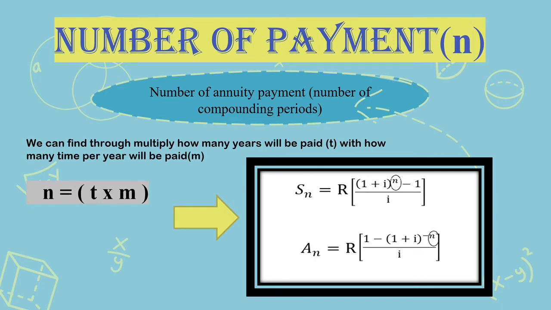The interest period is just the same as M. M is how many times per year will be paid. So I, which is the interest period, can also be put as M, which is how many times per year we pay.